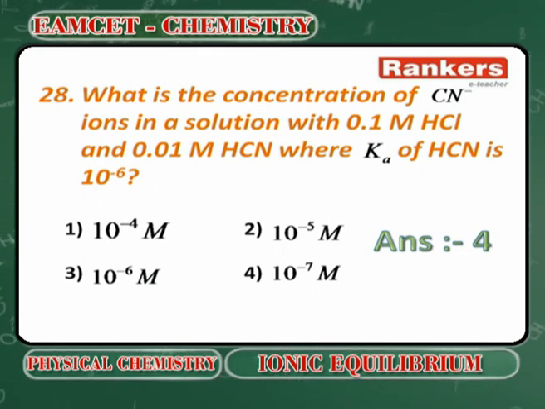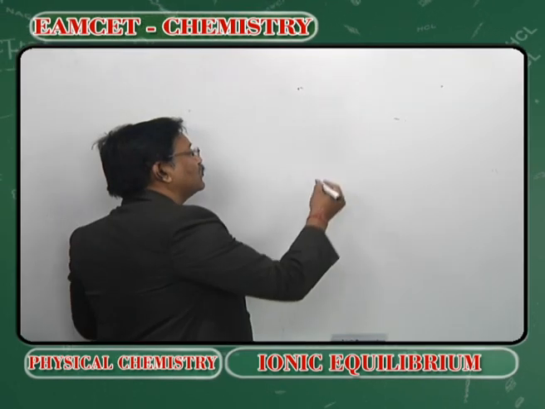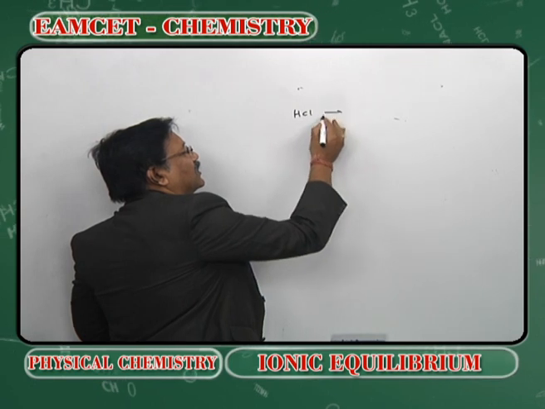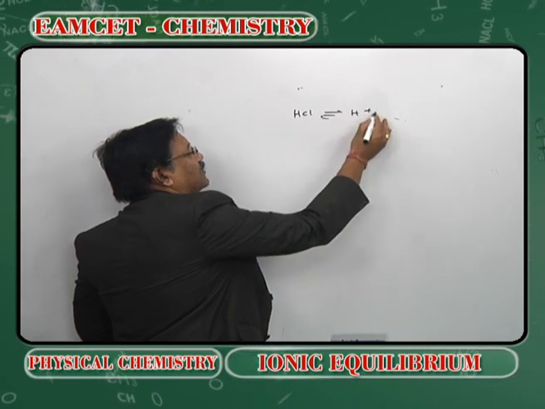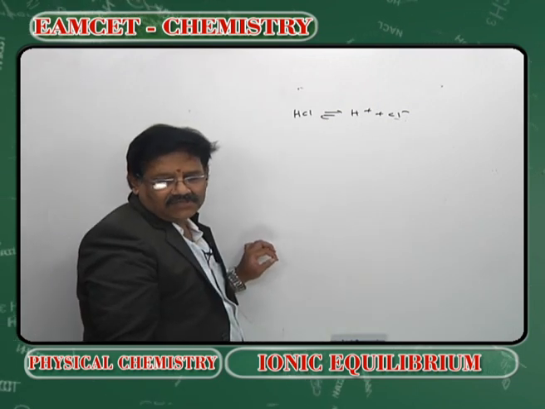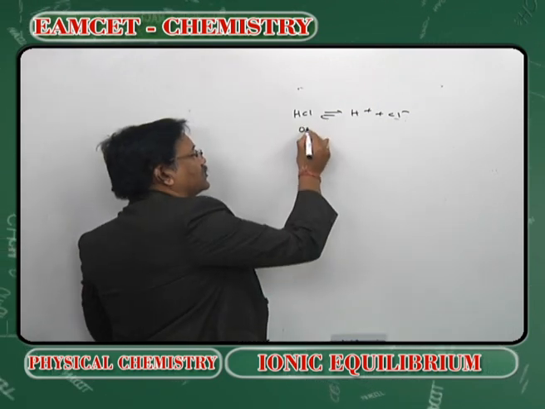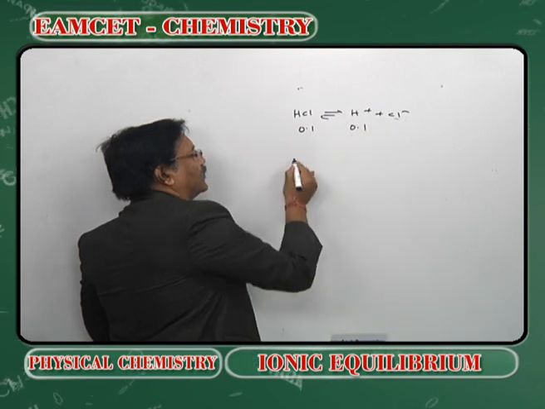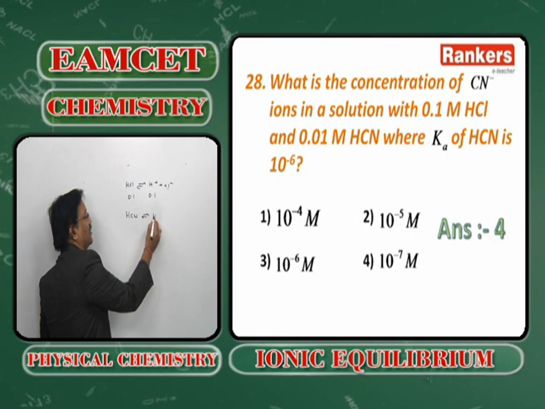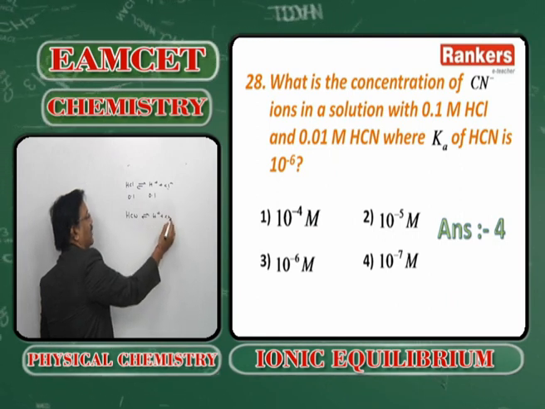What is the concentration of CN minus ions in a solution with 0.1 molar HCl and 0.01 molar HCN? Here there are two: HCl ionizes completely into H plus and Cl minus. What is the H plus ion concentration? 0.1. HCN ionizes partially into H plus and CN minus.